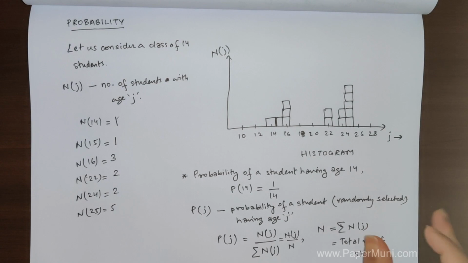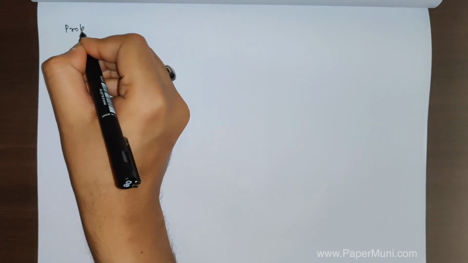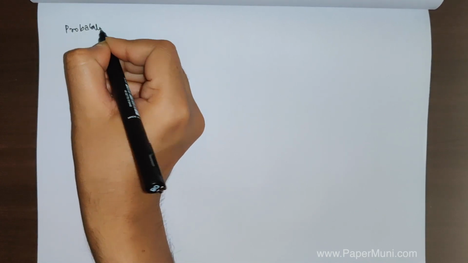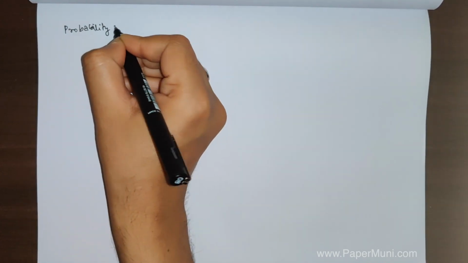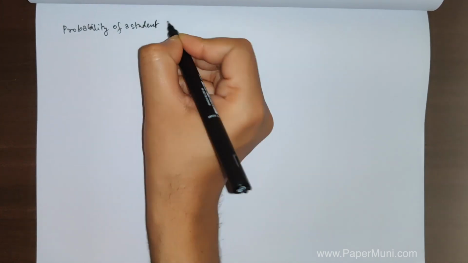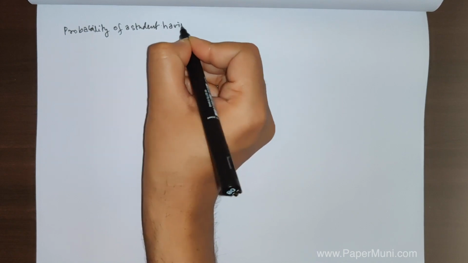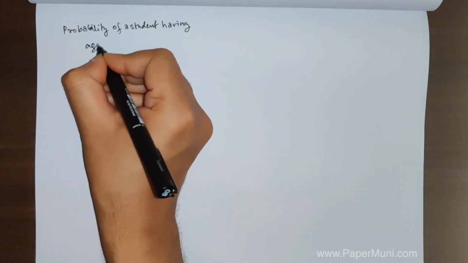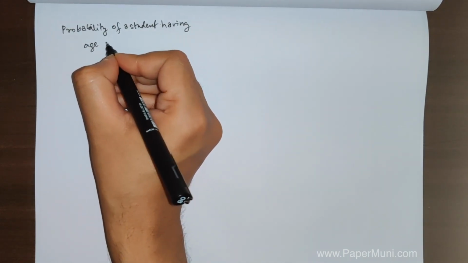Now just tell me, what will be the probability of a student having age 25?